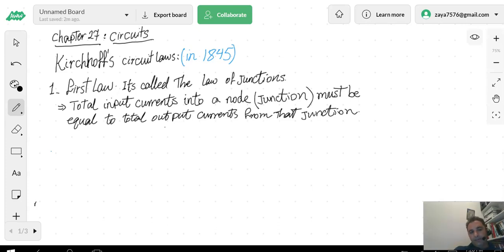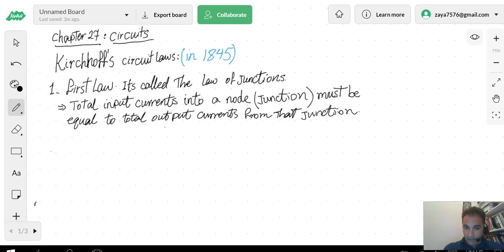The first topic in chapter 27 is called Kirchhoff circuit laws. Kirchhoff was a German physicist. In 1845, he made two important laws in electricity about circuits, and also he made three important laws in optics about spectrophotometry.